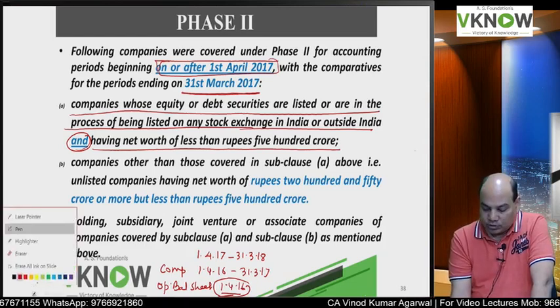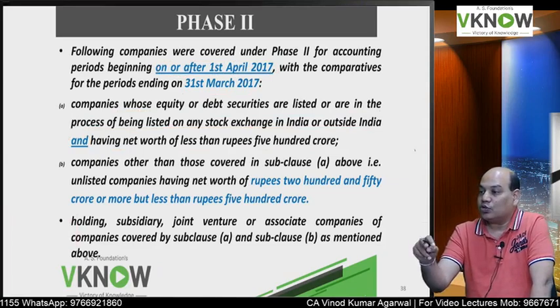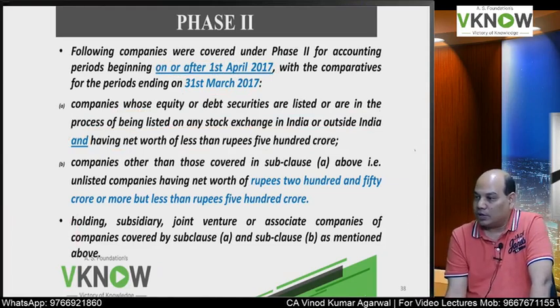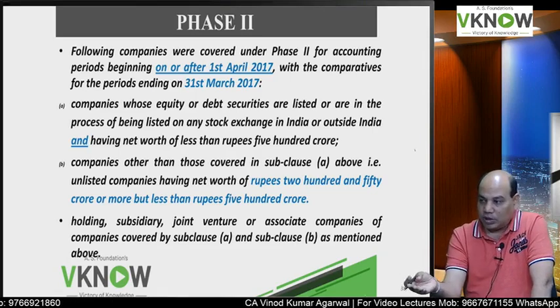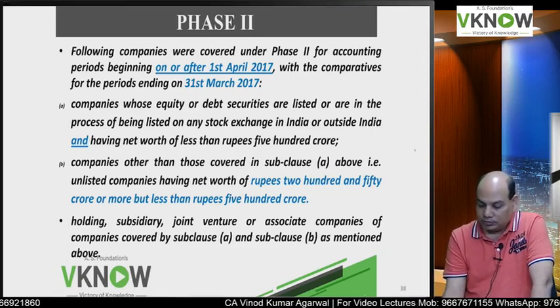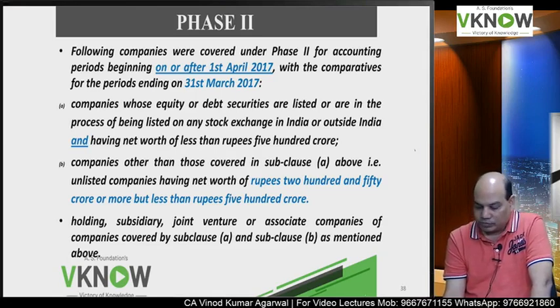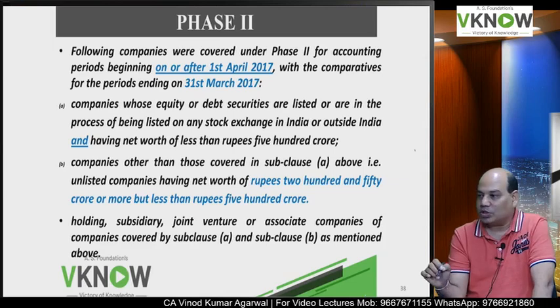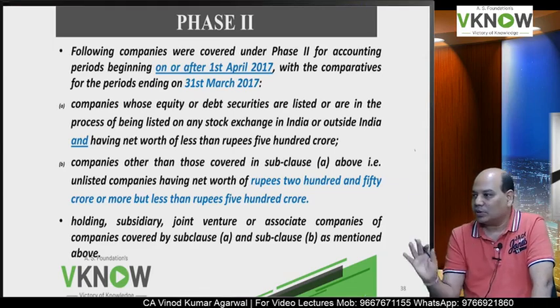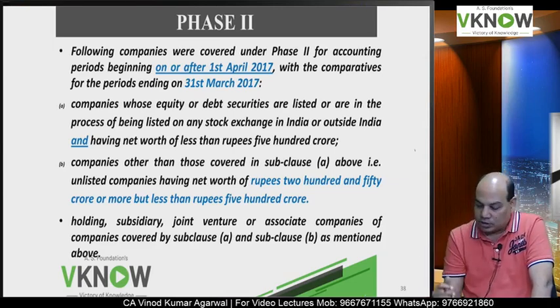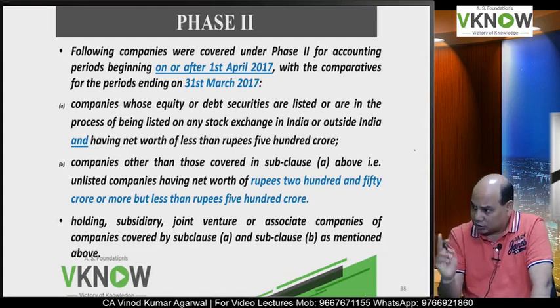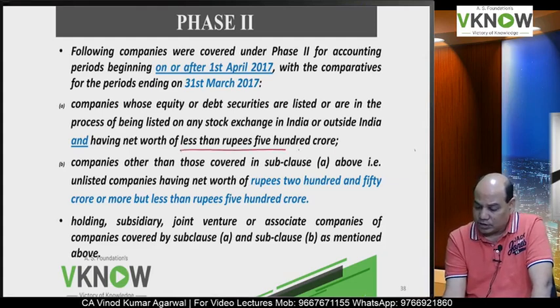In phase 1, listed plus net worth should be greater than or equal to 500 crore, but in phase 2, listed but net worth is less than, that means all listed companies will get covered now. So in short, the current situation is all listed companies are covered, because even if their net worth is 0, still they are covered. It is less than 500 crore.